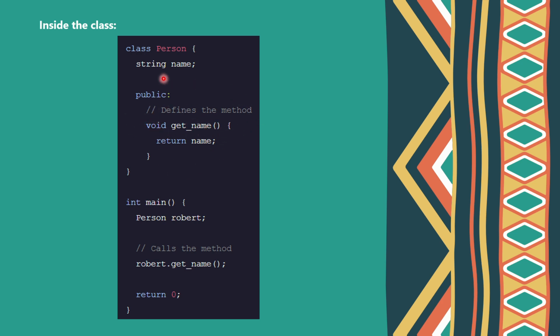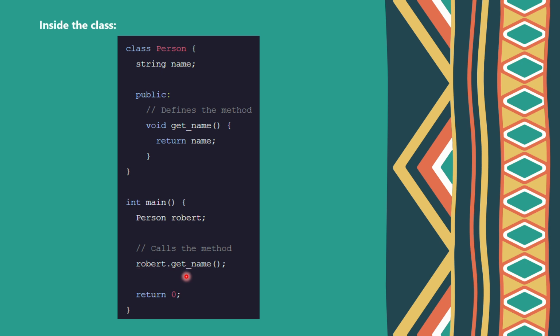So this part is known as method, and here is where you will define the method which is inside the class person. Okay, now inside the main function I'll call the method. See, I have taken person Robert as a variable.